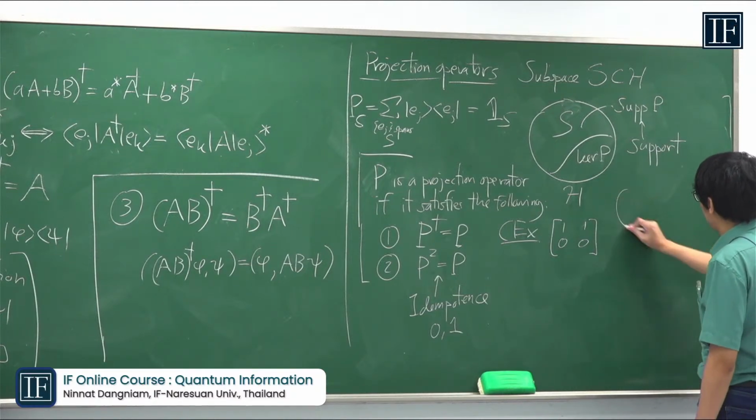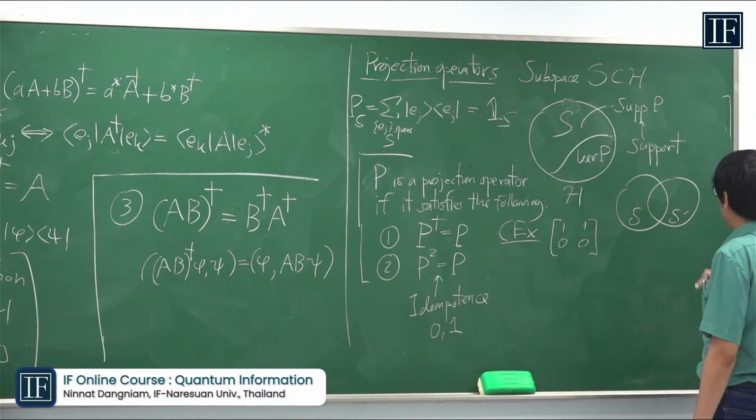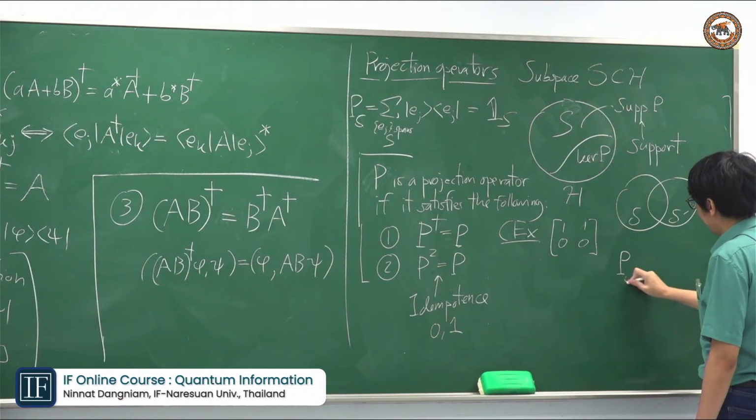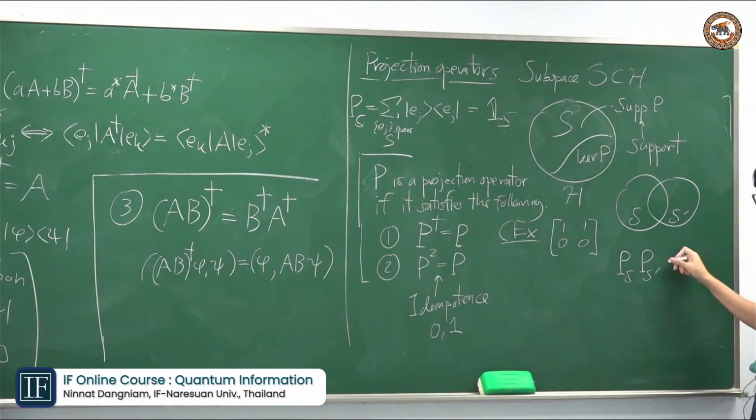A little question. So now if I have something like 2 subspaces, and I multiply the projectors onto the 2 subspaces together, what do I get on this side?